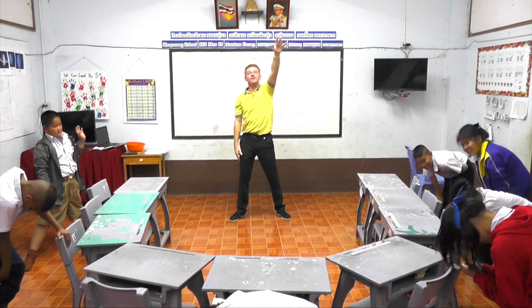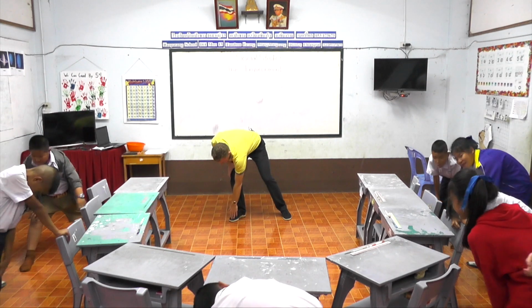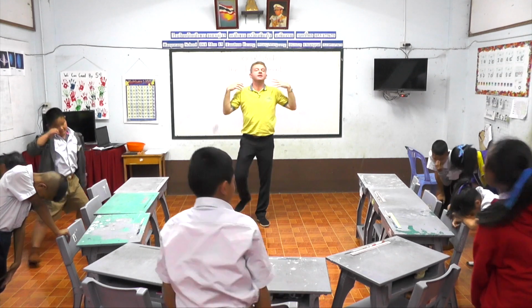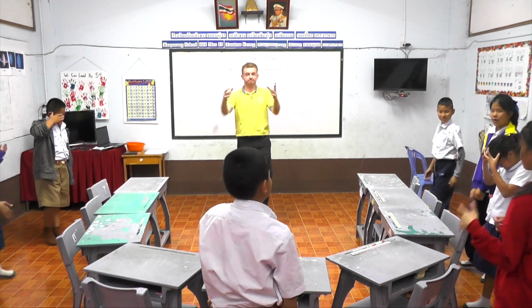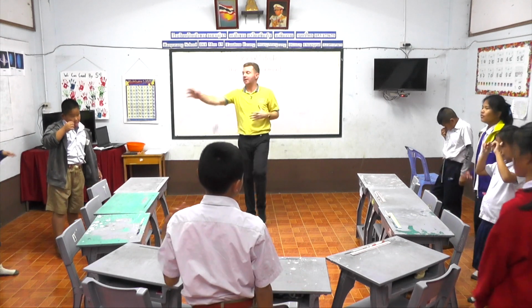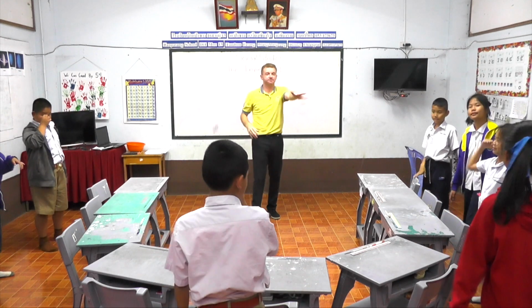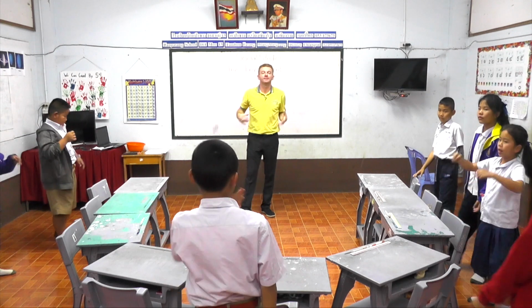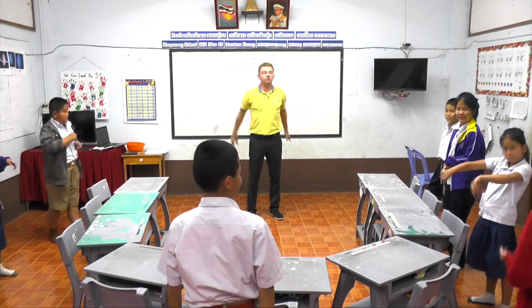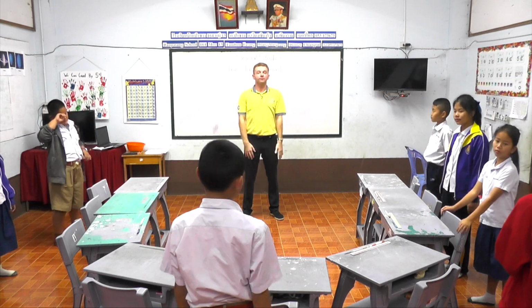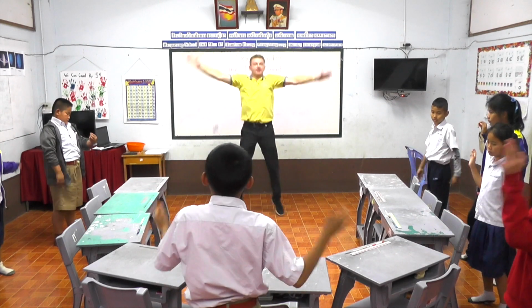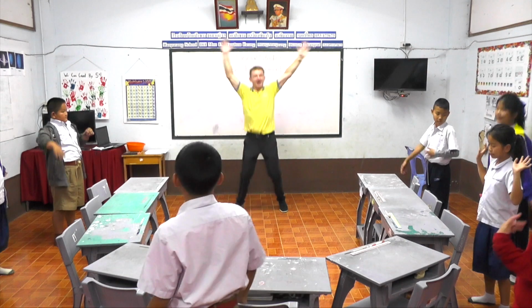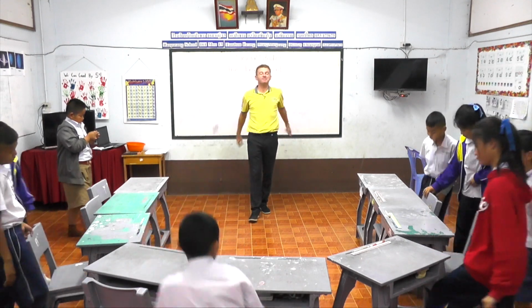Left hand, right foot. Finish, guys. Let's shake it out. Arms and legs, shake it out. Shake it out, arms and legs. And to finish, we will do 5 star jumps. 1, 2, 3, 4, 5. Excellent, guys. Have a seat.